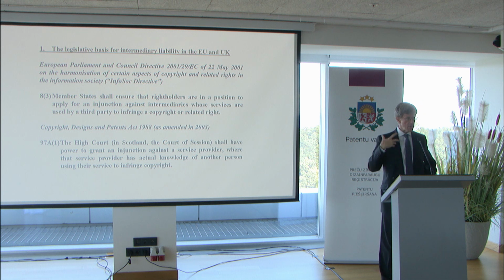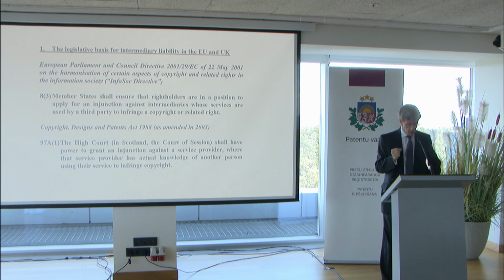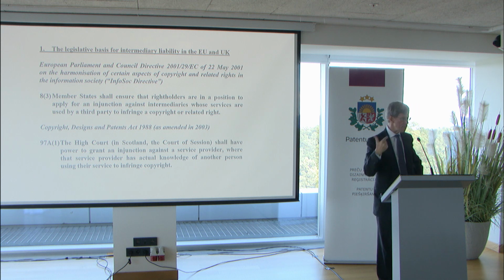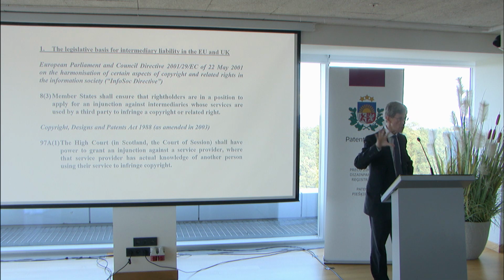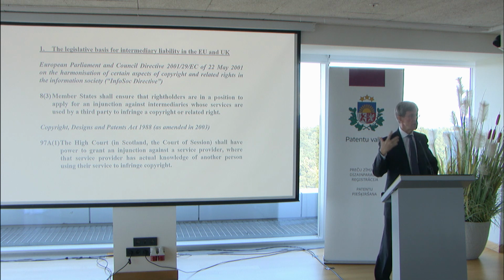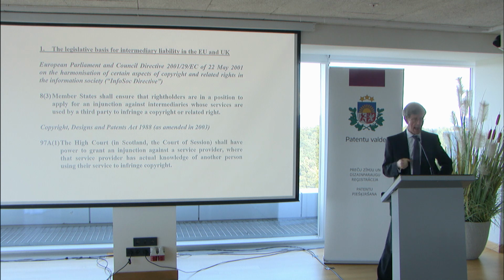Now, in terms of implementation in the UK, I'm going to tell you a little bit about this for reasons that will become apparent. The way in which we implement EU directives in the UK is that we have something called the European Communities Act 1972, which allows the government to amend the law to comply with an EU directive. And this includes amending acts of parliament.